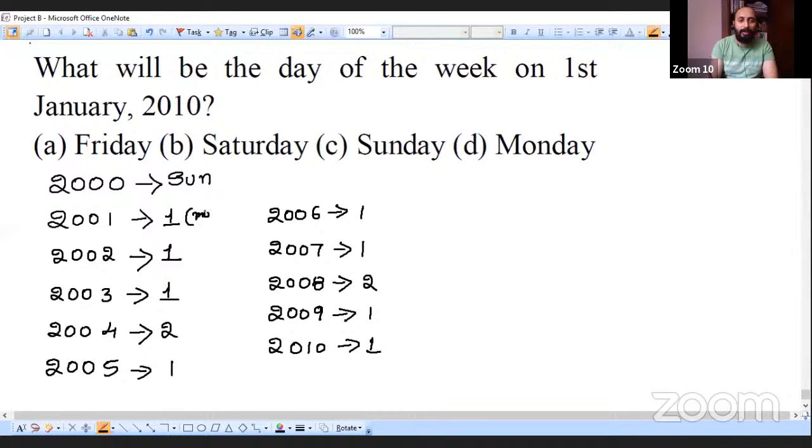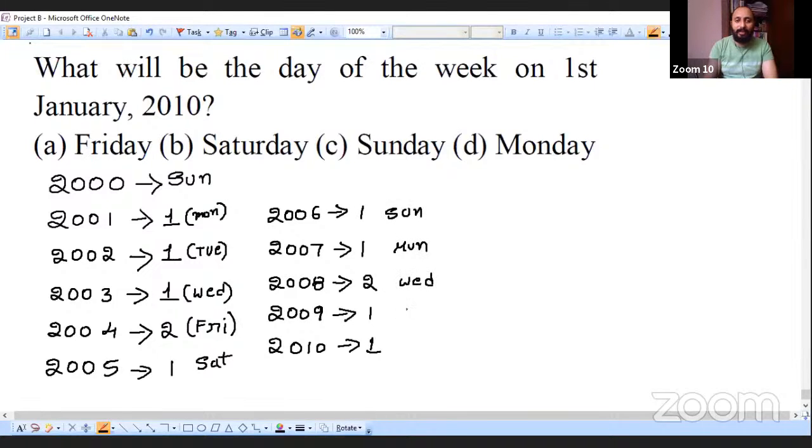Sunday, it is Monday, Tuesday, Wednesday, Thursday and Friday, Saturday, Sunday, Monday, Tuesday, Wednesday, Thursday. So how many days? Thursday, Friday.